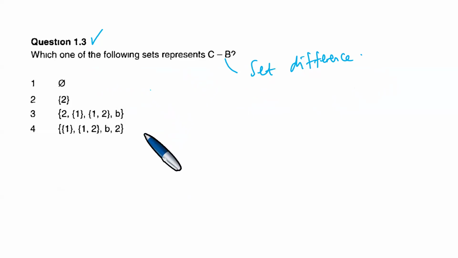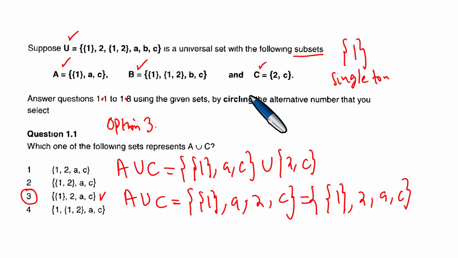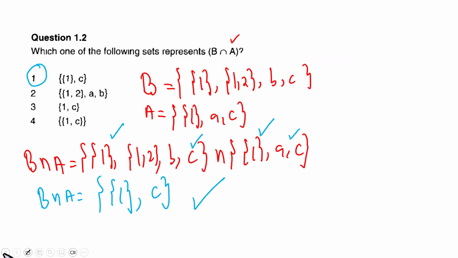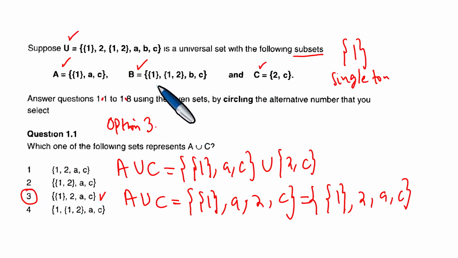We can look at the Venn diagram, but first, let us list the set C. We remember from the given information in this question paper that the set C contains the elements 2 and C. And the set B contains the elements 1, 1, 2, B, and C.